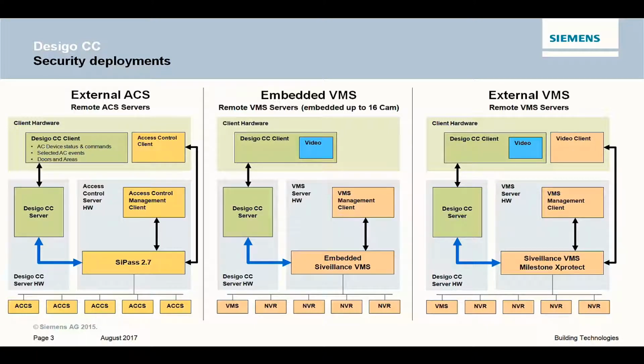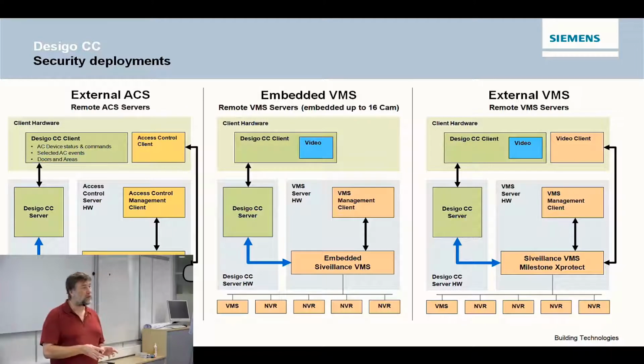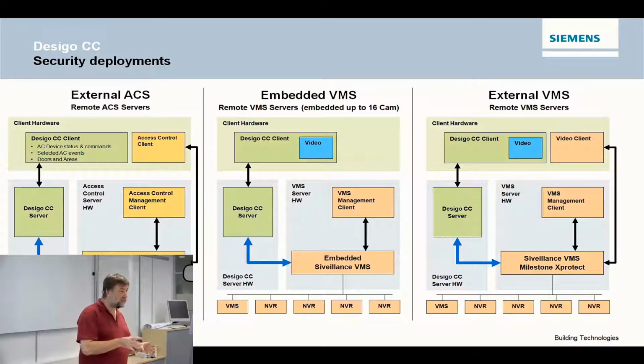The second way is the embedded system. What does embedded mean? Please, it is not everything is inside Desigo CC again. It's still a software which you can install either under the Desigo CC machine or still separately, but it doesn't have an own UI anymore.